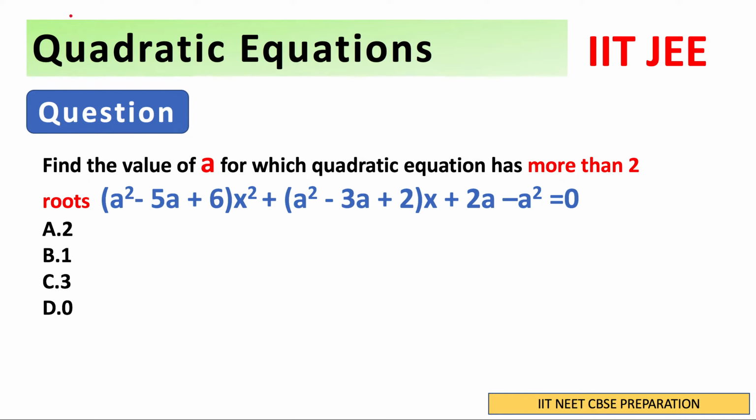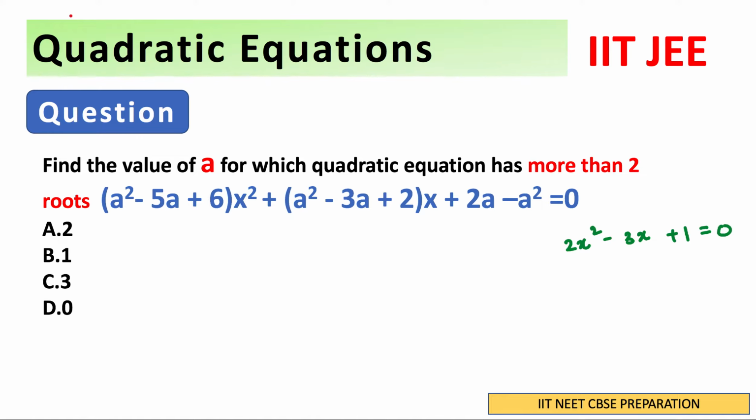So what happens in an identity? If I write some equation, for example 2x square minus 3x plus 1 is equal to 0, I know that there are only two values of x which will satisfy this.